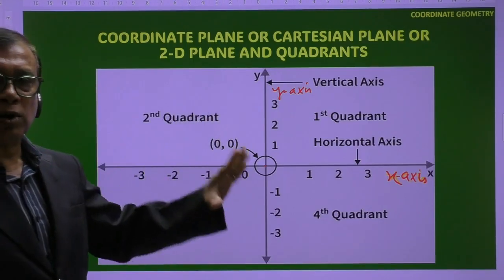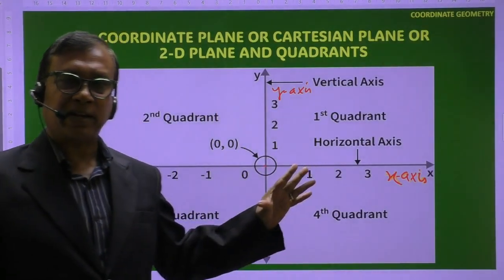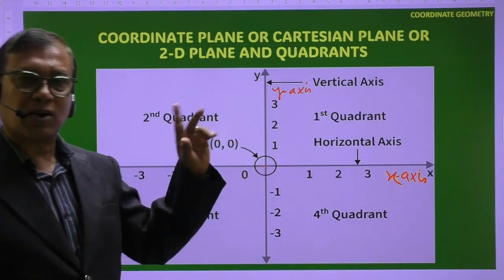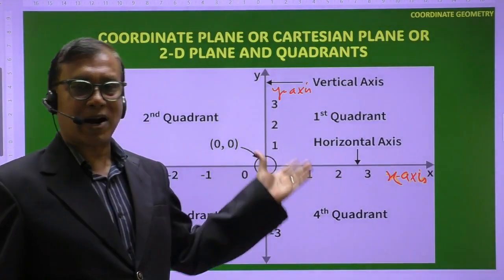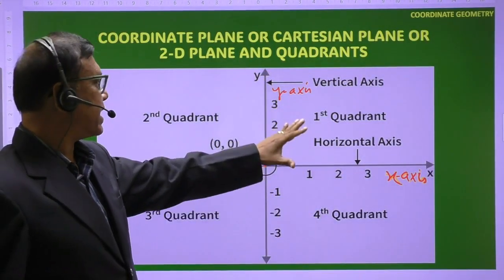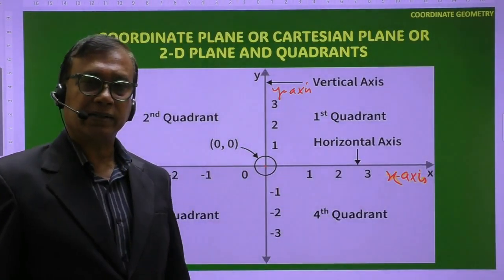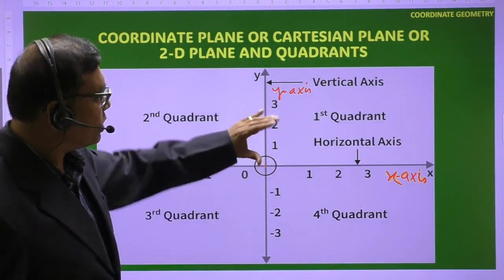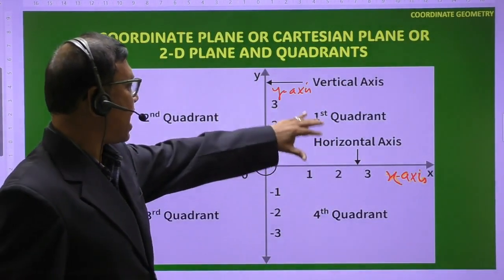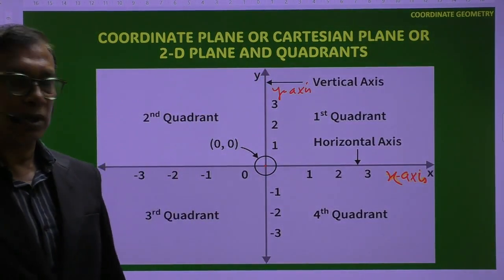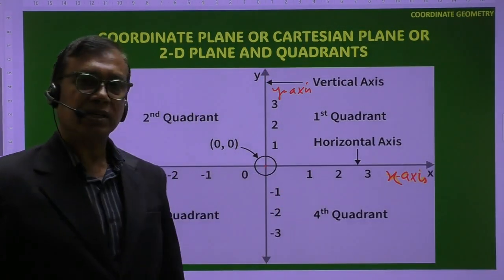That means the whole plane, the coordinate plane, is divided by the coordinate axis into four quadrants: first quadrant, second quadrant, third quadrant and fourth quadrant. And we have to give the name in the anti-clockwise sense, not clockwise. Is it clear?